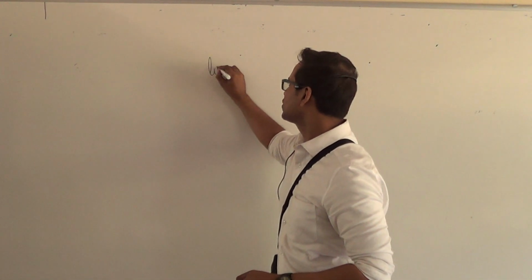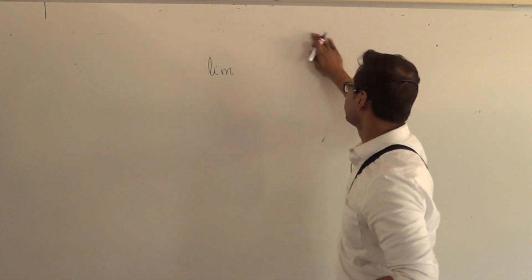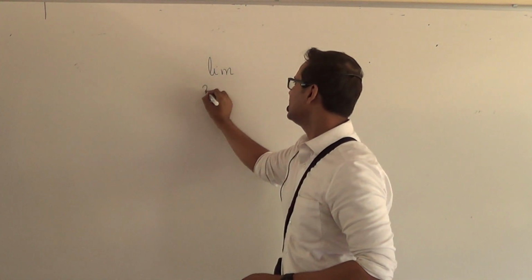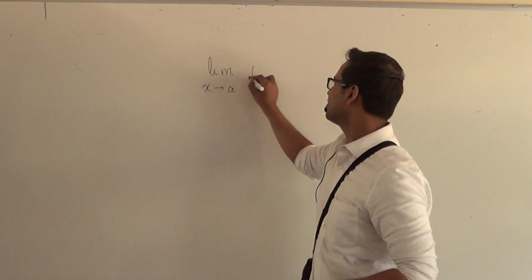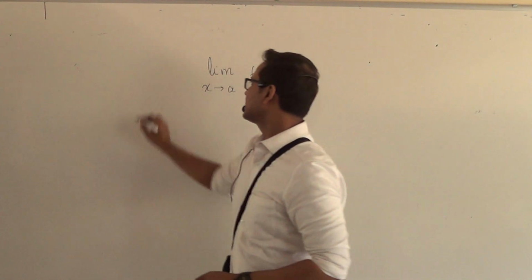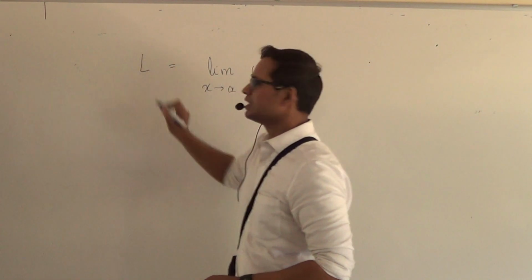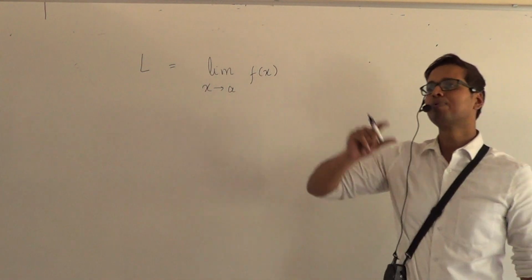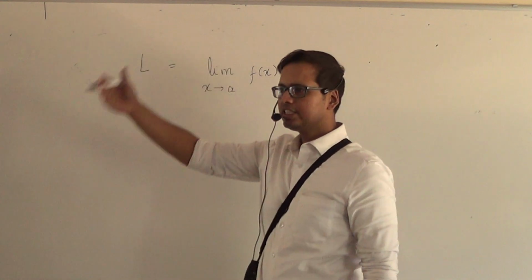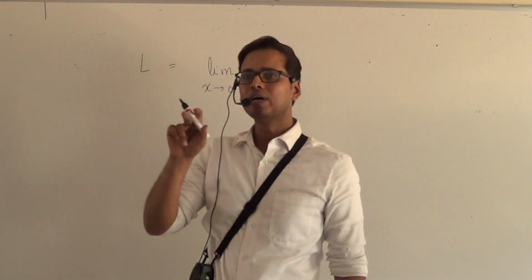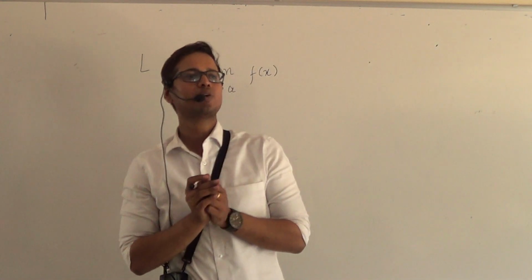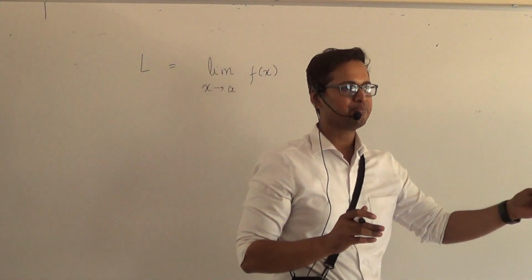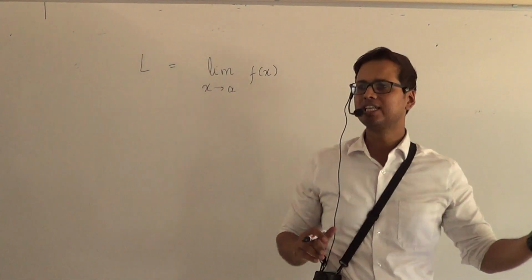So basically, just to quickly recap, limits. When I say limit of a function f of x as x tends to a is L, it means the value of the function is approaching, or it may achieve also, the value L when x is trying to go towards a. Now it can go towards a from two sides of a.